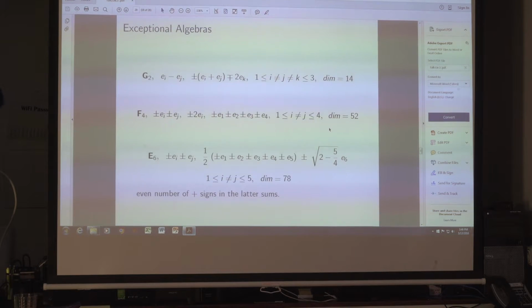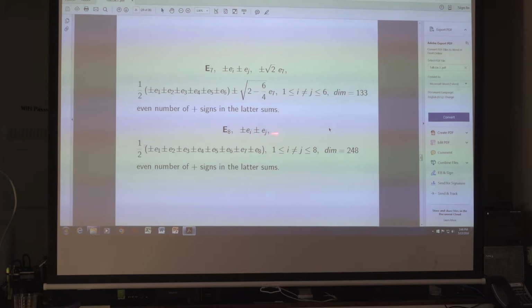For example, for the exceptional algebras, G2: remember, G2 has 14 generators. It's rank 2, which means you only have 2 simple roots. You can make these combinations of pluses and minuses and generate all the 12 roots. The same thing with F4 and E6, and also with E8.